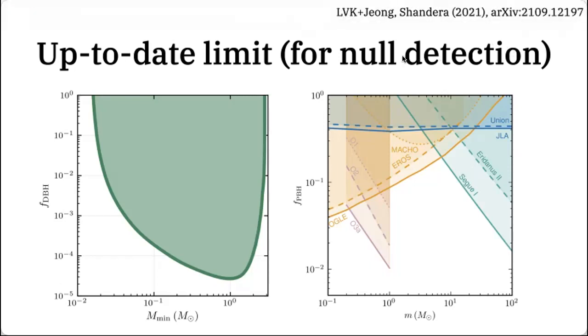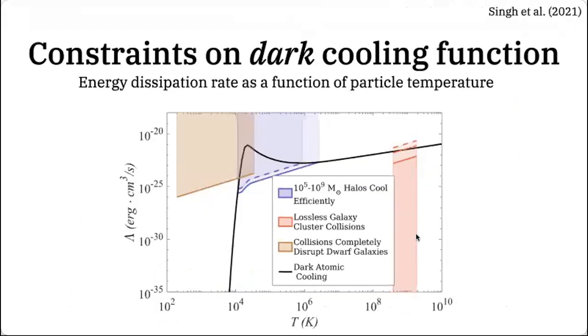And the state that they can have can be a strong function of temperature. So as a function of temperature, we can quantify how efficiently they can lose energy. That is called the cooling function.